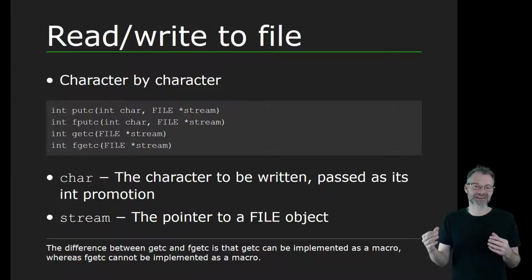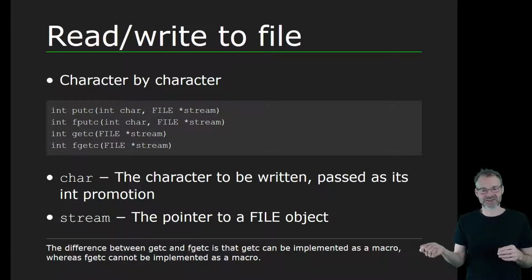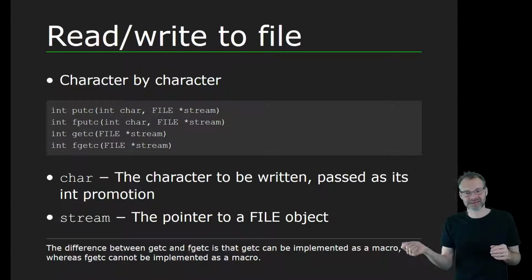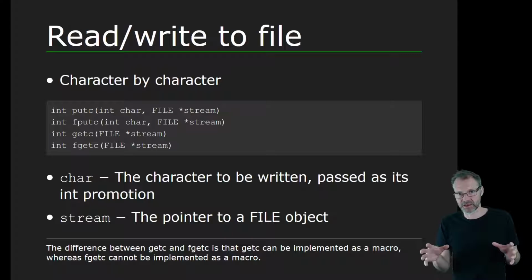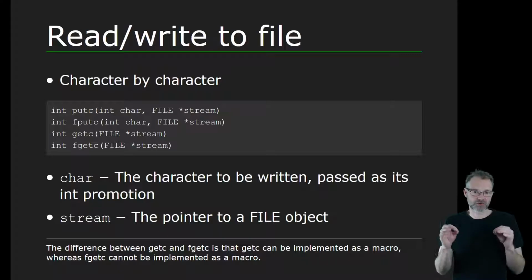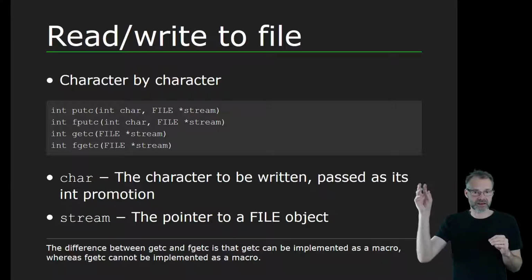These are in general the same. There is a small implementation difference: getc can be implemented as a macro, whereas fgetc is not implemented as a macro, but is always known to be a function. So there might be small but important differences among them, but if this is not an issue, you can use any of them.